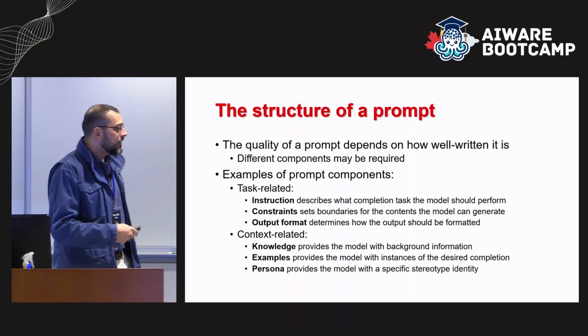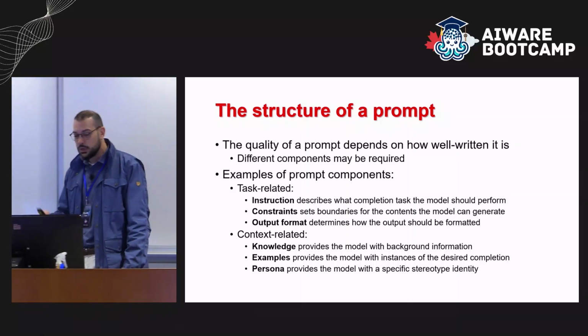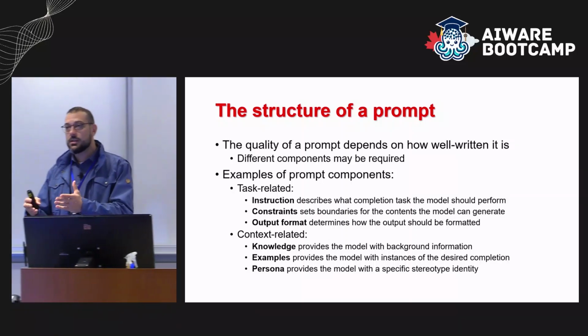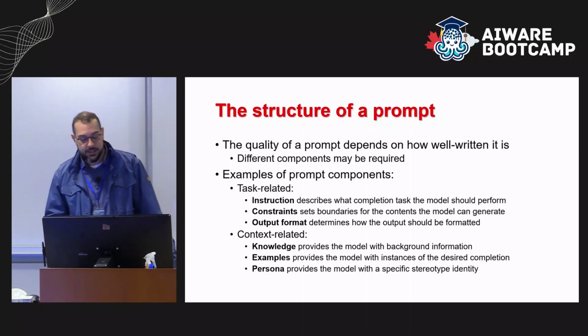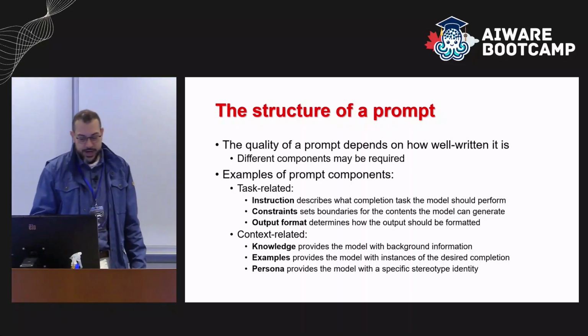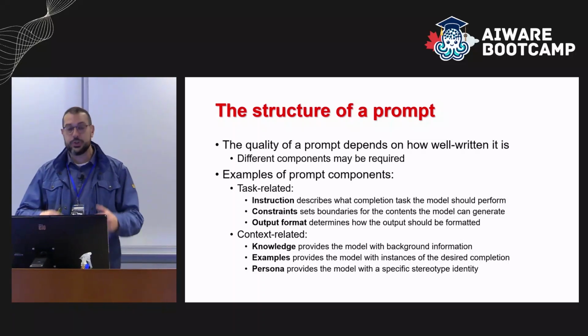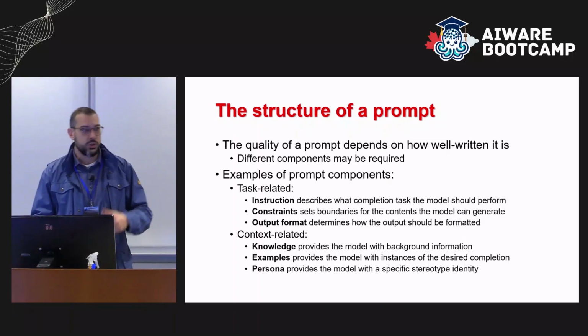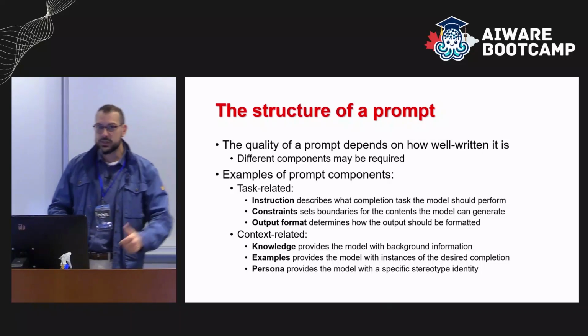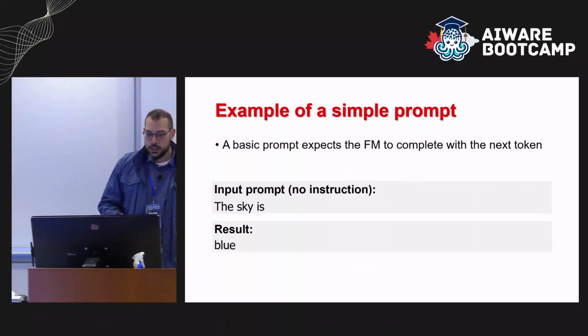You can also have few-shot examples that provide the model some instance of what you expect it to generate. And it's very common to have personas, which are basically stereotypes, identities that you give to the model. So you're going to behave as a developer or something like that.